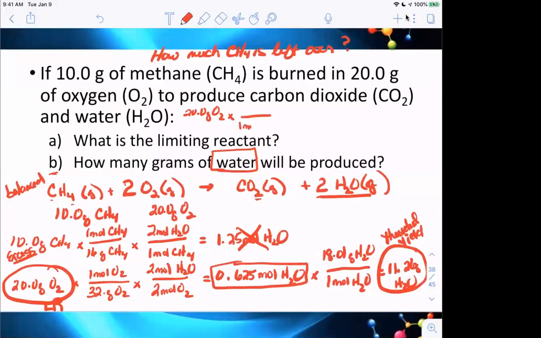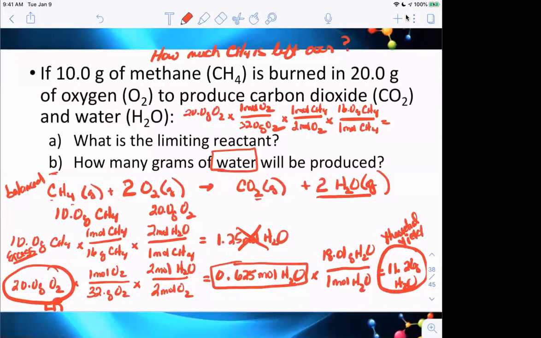So for every 1 mole of O2, actually that goes on the bottom, sorry. I have 32.0 grams of O2 for every 1 mole of O2. Using the balanced chemical equation, for every 2 moles of O2, I need 1 mole of CH4. And if I want to calculate the grams that actually reacted with that amount of O2, for every 1 mole of CH4, I have 16 grams of CH4.